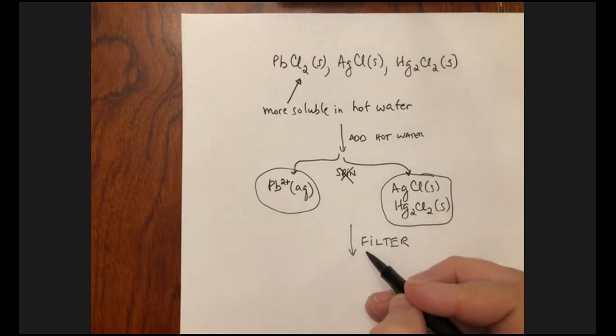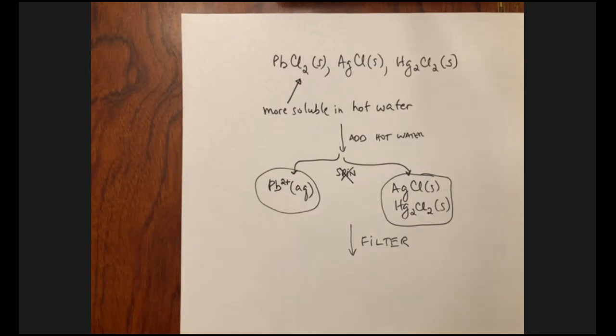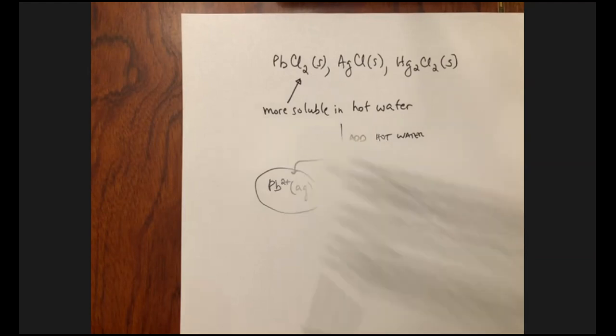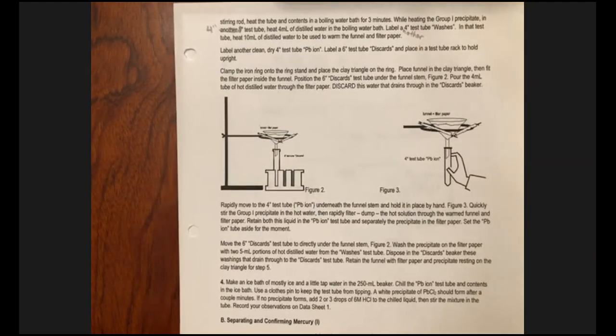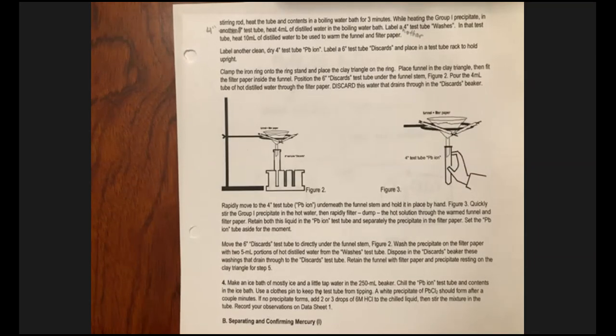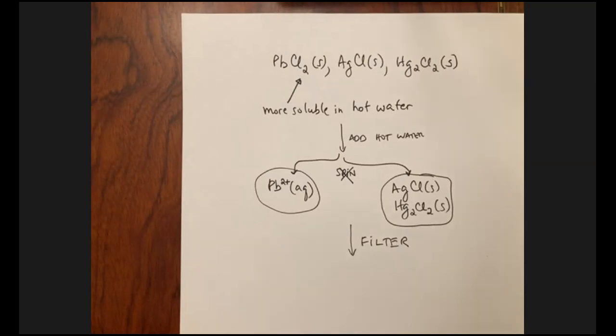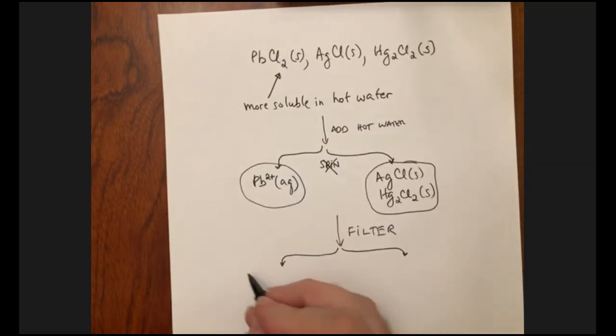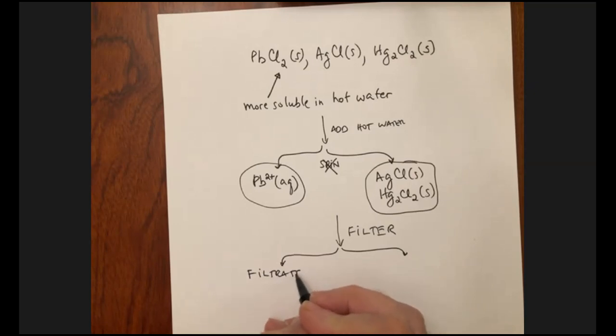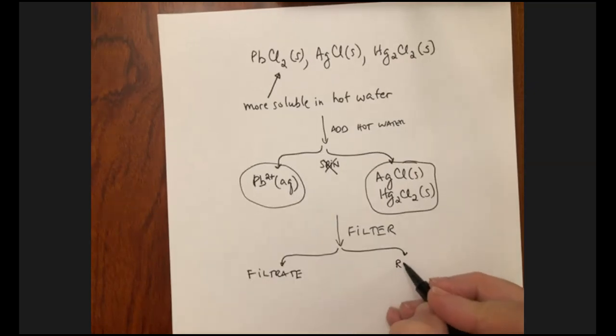So if we do a filtration, your lab manual shows you here on page 50 how you'll do that, right? You're going to set up a filter with a filter paper. Make sure that when you filter, the water is still hot. And what will happen is that now you will have, instead of a pellet and a supernatant, a filtrate and a residue.